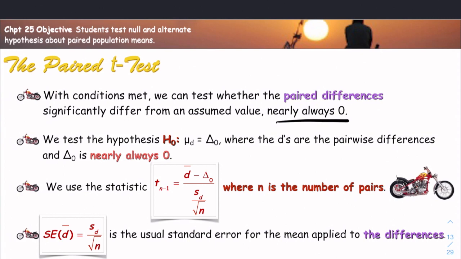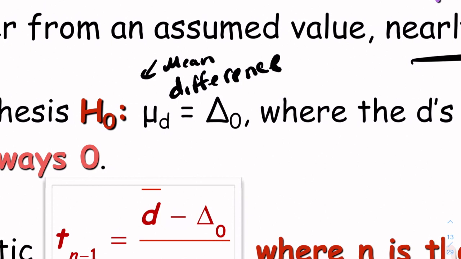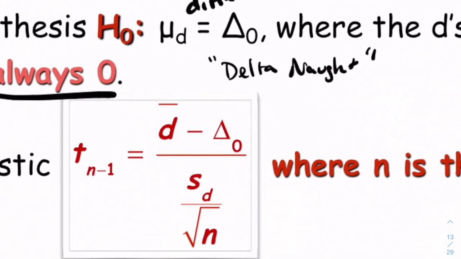So we test our null and we say mu sub d, or the mean difference, is equal to delta naught, N-A-U-G-H-T, where the d's are the pairwise differences, and delta sub 0, or delta naught, is nearly always 0. So similar to the difference in means, the mean difference that we're going to assume for our null hypothesis is nearly always 0.